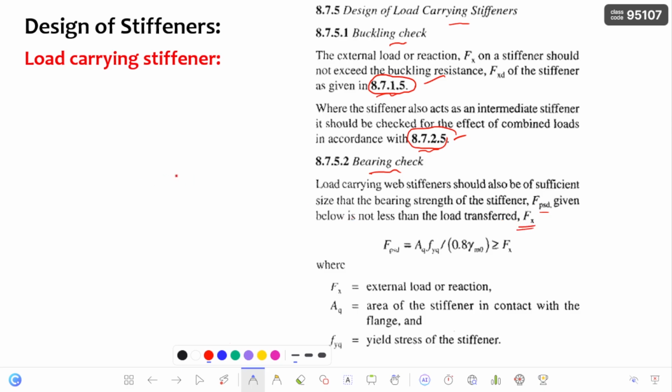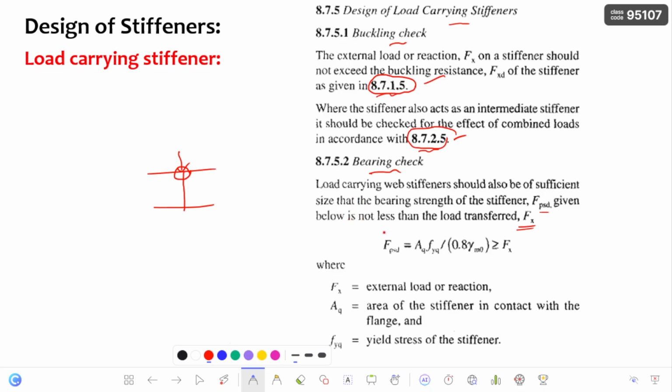So whenever the load is concentrically acting on the plate girder, at that location the plate girder should have the capacity to bear that high concentrated loads. So whenever the stiffener is below that concentrated load, this bearing contact area should be enough so that it should resist the reaction or load coming onto the stiffener.